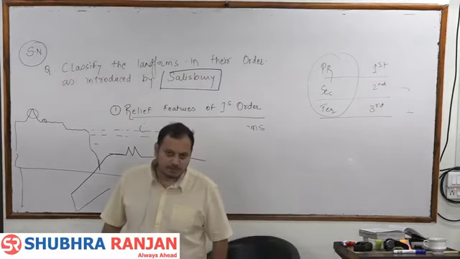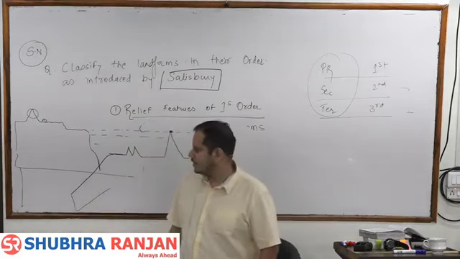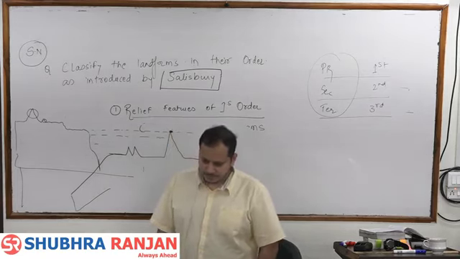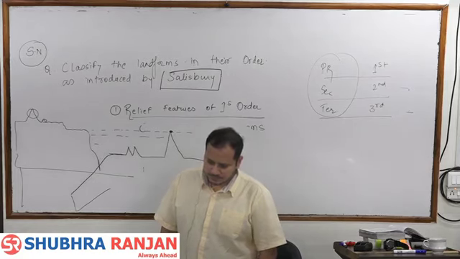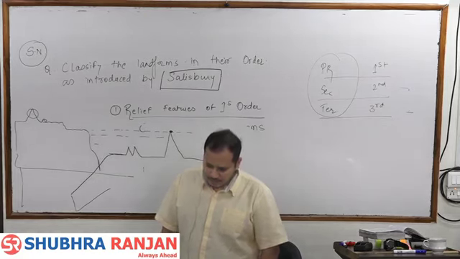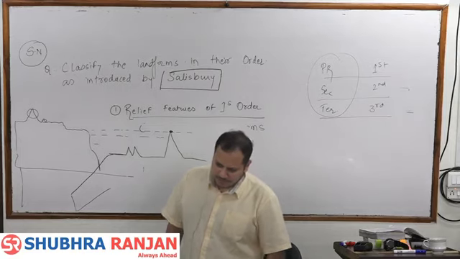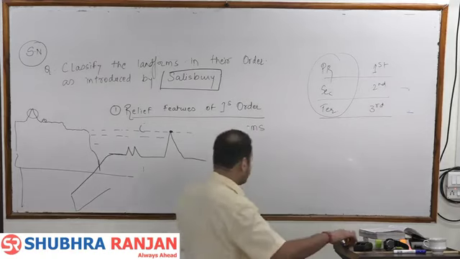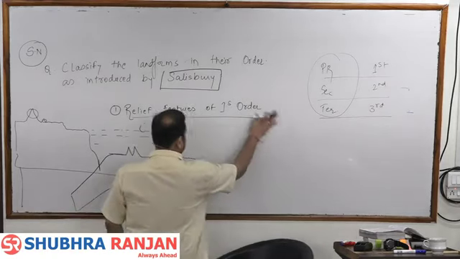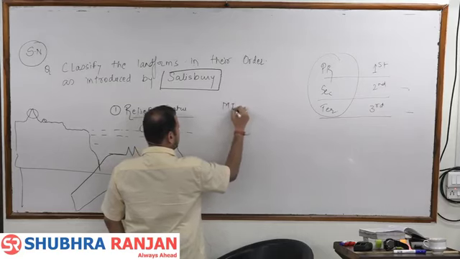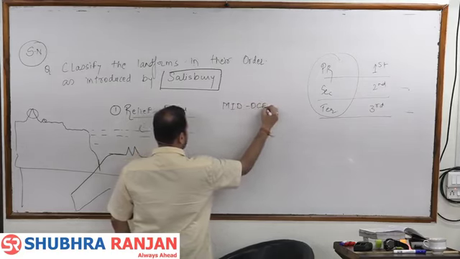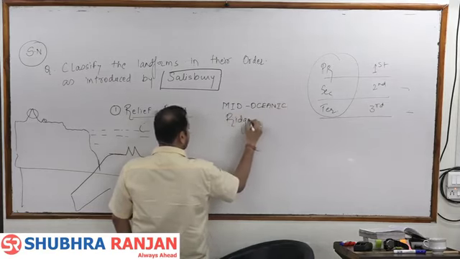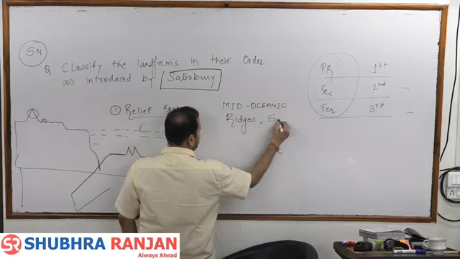On the continental landmass, and mid-oceanic ridges, comma, sea mounts.